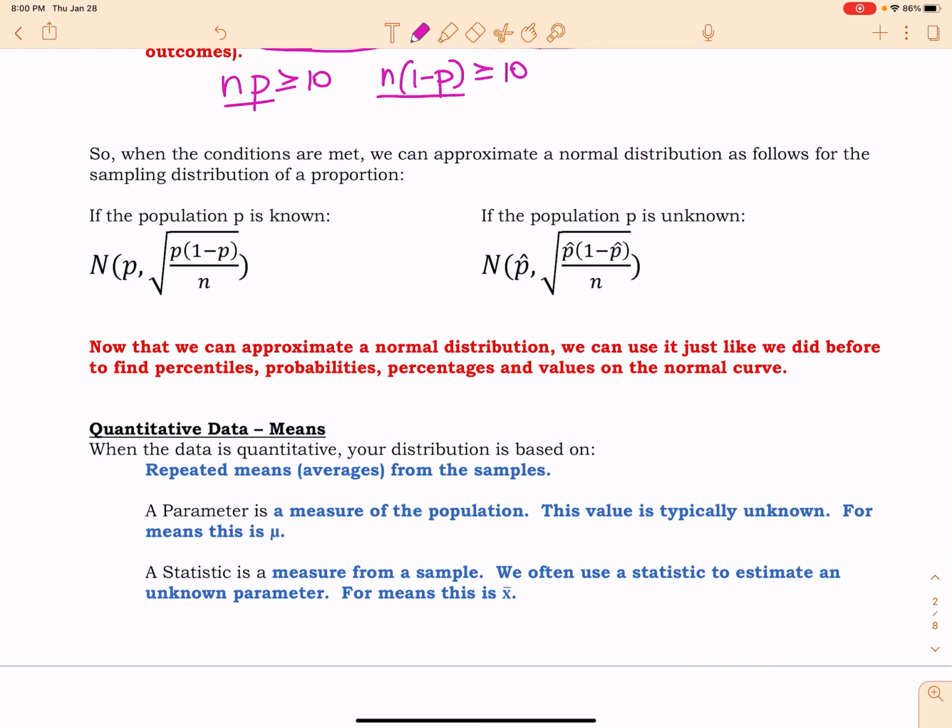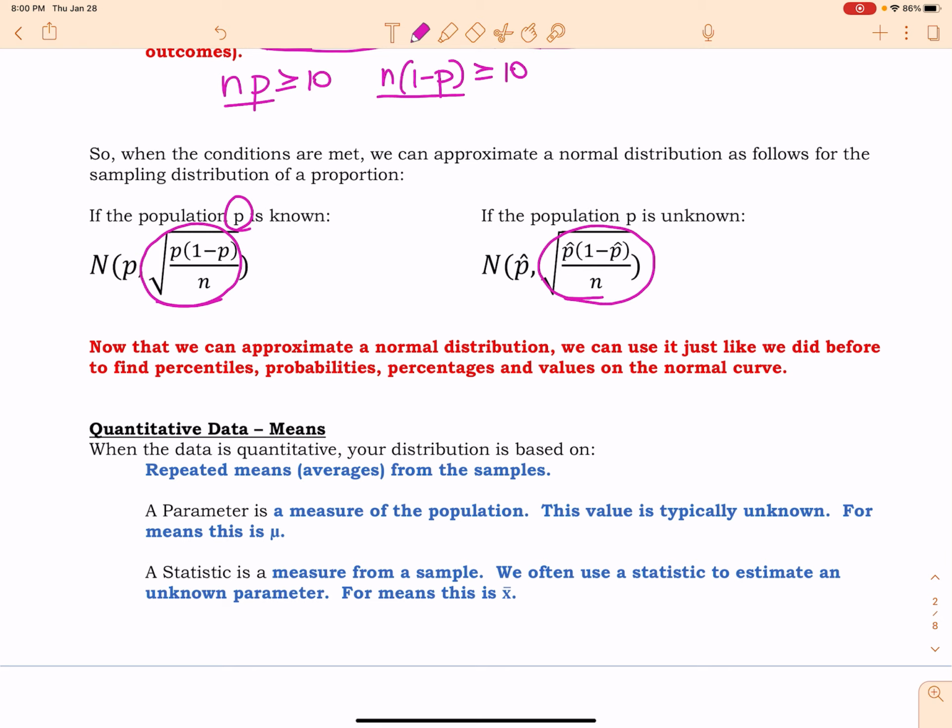All right, so please keep in mind when we're talking about proportions, when we're looking for a standard deviation of a proportion, it's going to be this right here. And when we don't know the population, it's going to be this right here. It's just a change in notation. Sometimes you'll be given a problem and you'll know p, and sometimes you won't. Sometimes they'll tell you, here's p hat for this problem, or here's p for this problem.